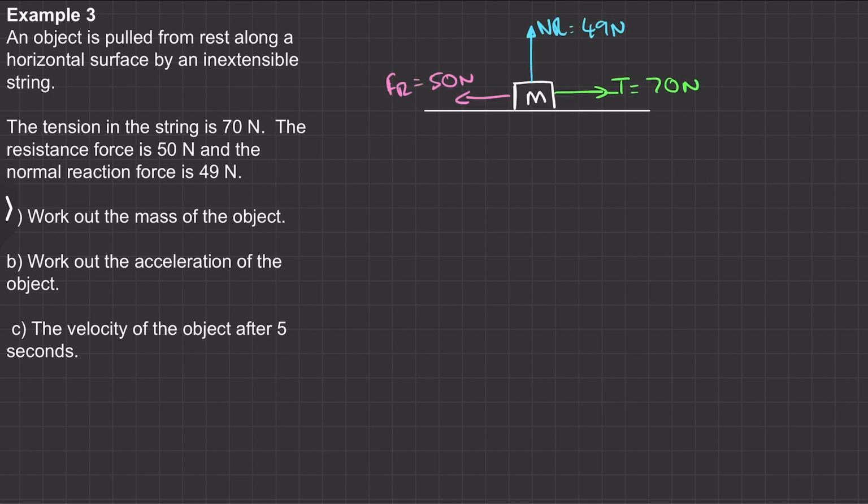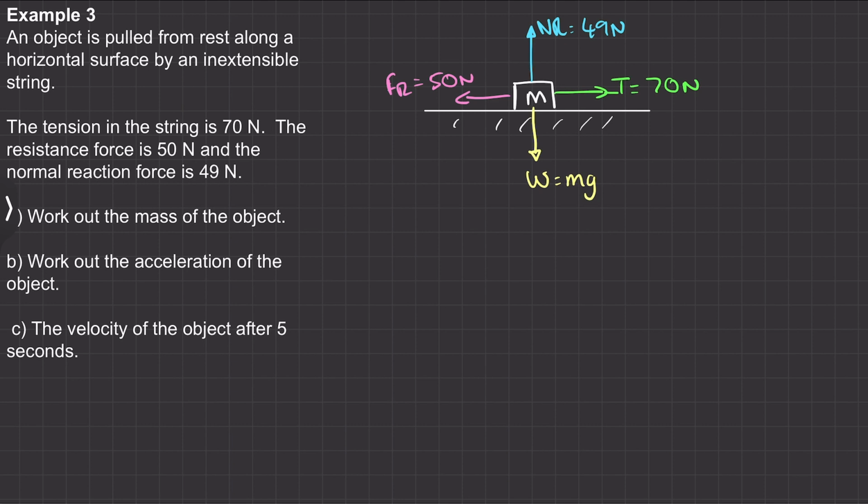So welcome back if you're ready to go. So I've drawn a quick sketch where we have the surface here and the object lying on the surface with the inextensible string having a tension of 70 newtons, the resistance force having 50 newtons in the opposite direction, and the normal reaction of 49. So to work out the mass, we know this is acting downwards as weight, and this is mg.